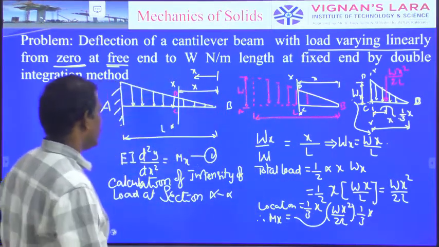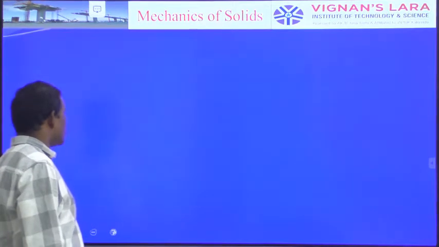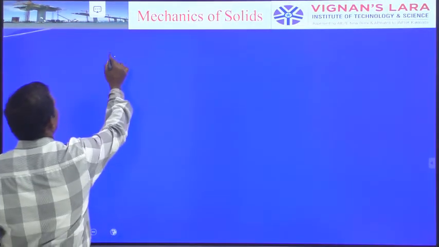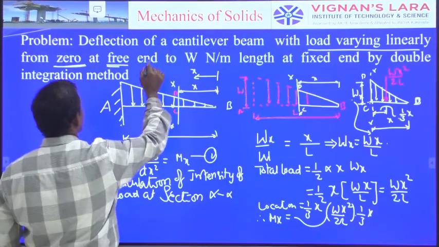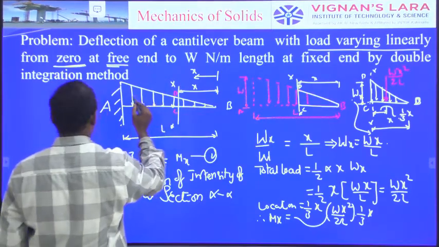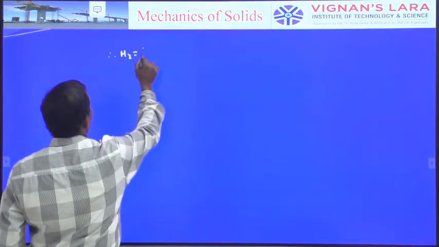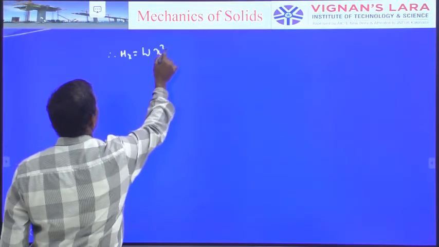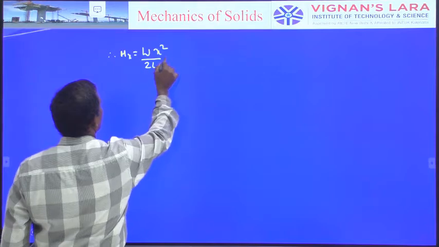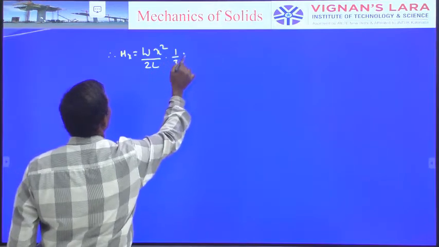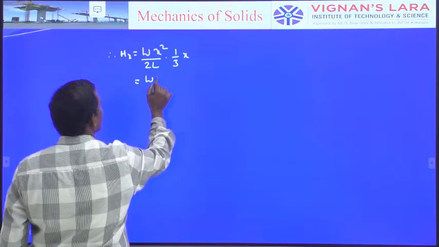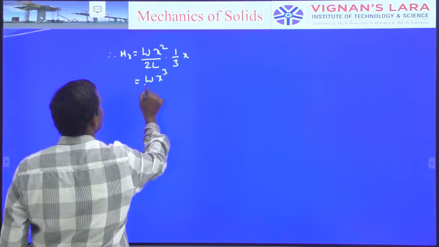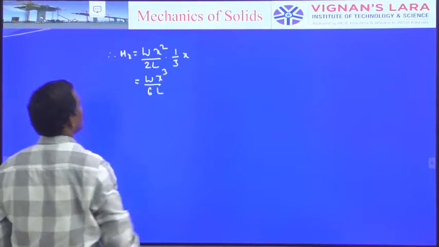So that is the bending moment equation. Now we know that Mx is equal to Wx square by 2L into 1/3 into x, that is equal to Wx cube by 6L.